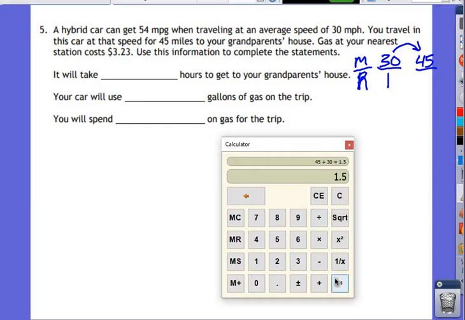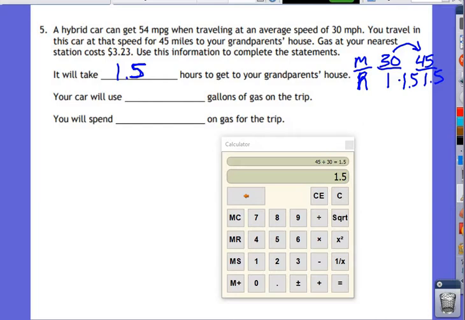What's my scale factor? 1.5. So I'm going to multiply 1 times 1.5, and what do I get? 1.5. So how many hours did it take me to get to my grandparents' house? 1.5. Oh, good. 1.5 hours to get to my grandparents' house.